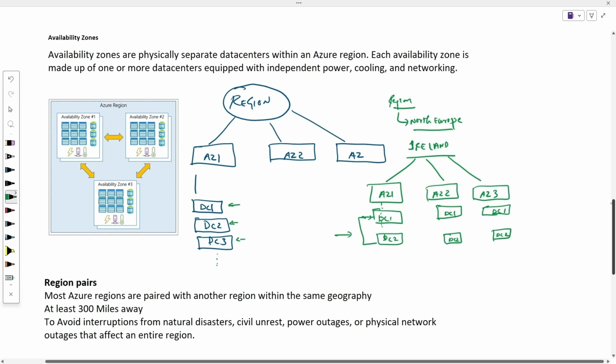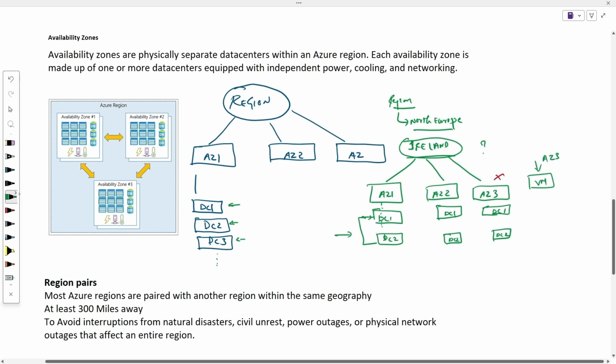So why do they use multiple availability zones within a region? That is the question. If availability zone 3 fails, whatever services you have hosted, for example, if you have created a virtual machine in AZ3, are affected.